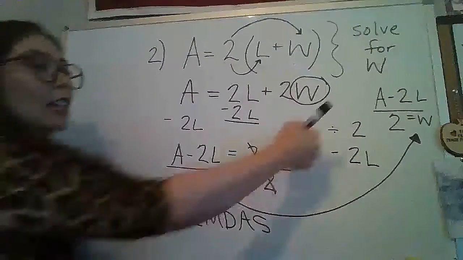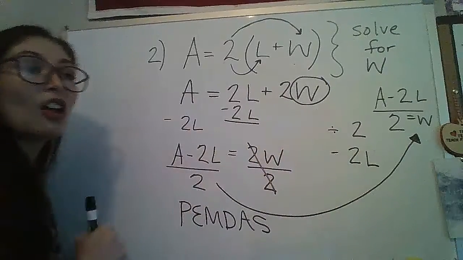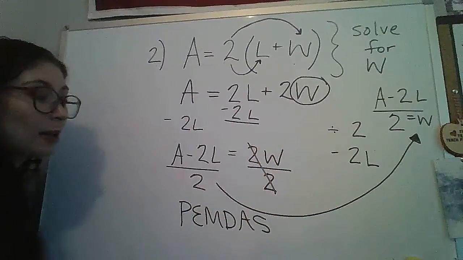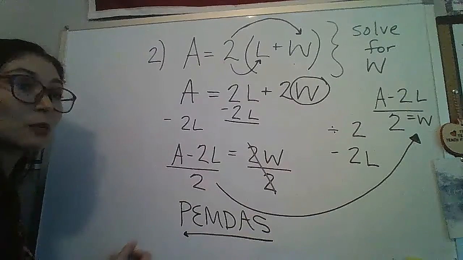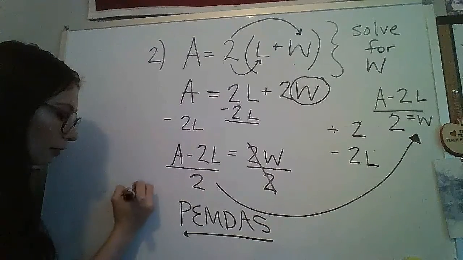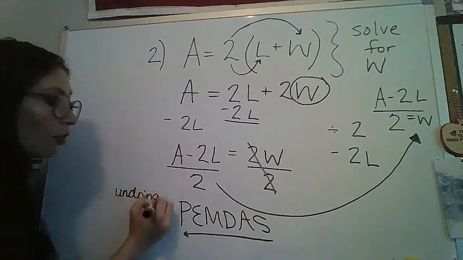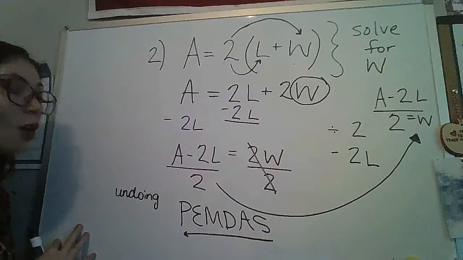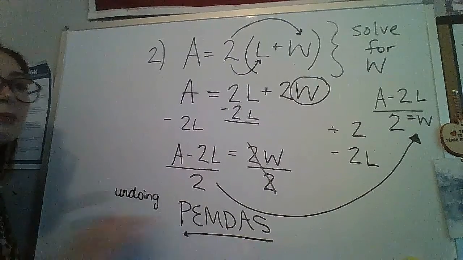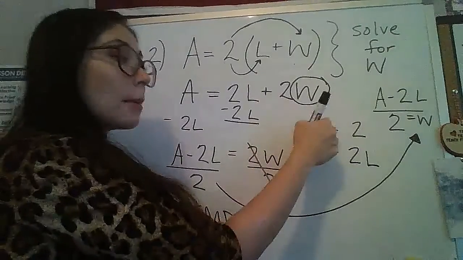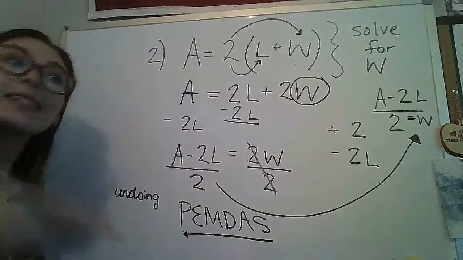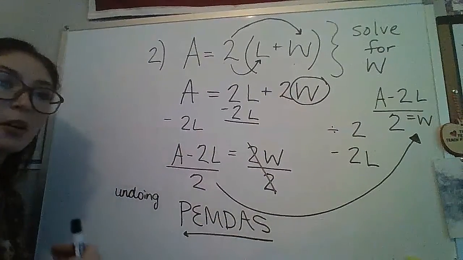So when you're undoing operations, the easiest method is going to be to work backwards from PEMDAS because we're undoing. When we're trying to solve in our order of operations, we always go from left to right. But when we're dealing with equations and we're working with the opposite operation, it makes sense that we would go the opposite order.